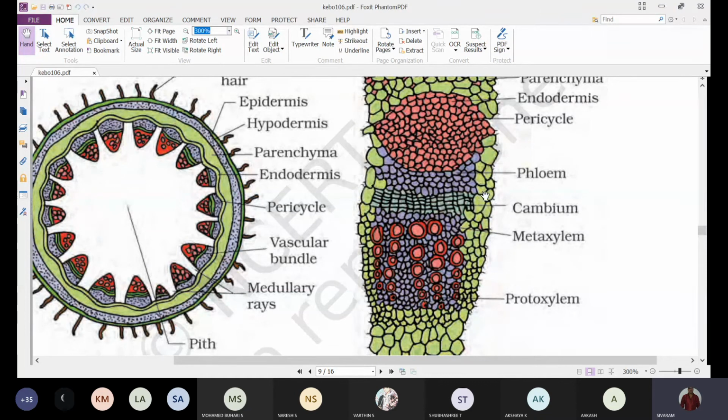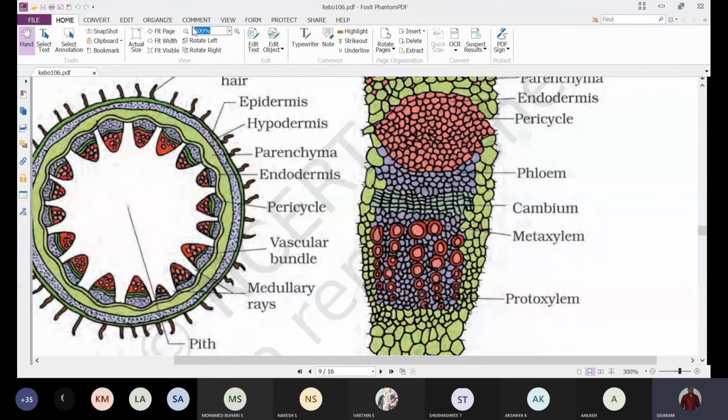These parenchyma cells adjoining the intravascular cambium undergo dedifferentiation and transform into meristematic cells. This meristematic tissue formed from the parenchyma cells of medullary rays adjoining the intravascular cambium, we call intervascular cambium, and it also undergoes continuous cell division.